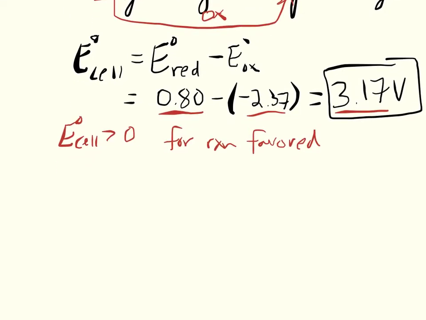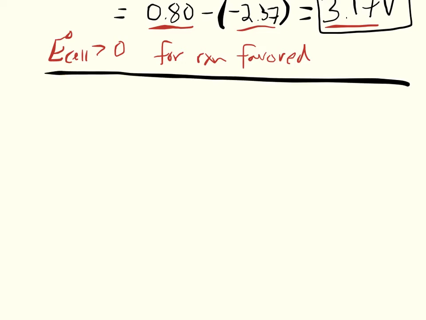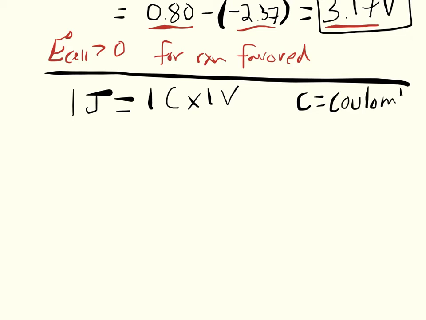So before we start deriving any equations or mathematical concepts, let's first talk about the units. Units, when we talk about energy, are in joules. And 1 joule is actually equal to 1 coulomb times 1 volt, where C is a coulomb, a unit of electrical charge, and a volt is electrical potential.